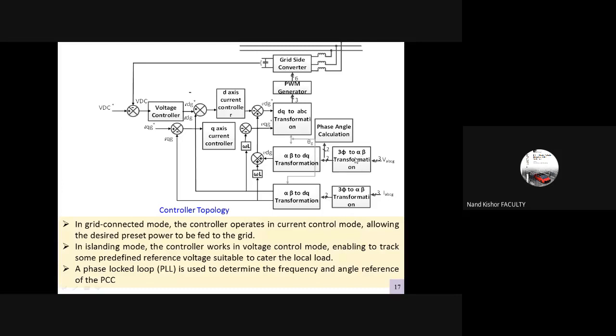And then we convert into the alpha beta transform, and then we apply the q-axis controller and d-axis controller, that means the inner loop and the outer loop controller. And this is for the voltage control on the grid side converter here. So the purpose is this one: the voltage here has to be as per the desired value. So that is the controller scheme, the existing controller scheme we have adopted here in the study.